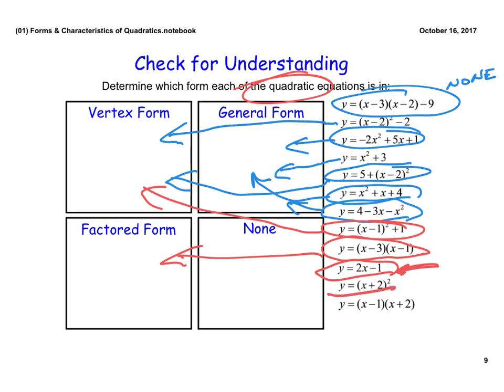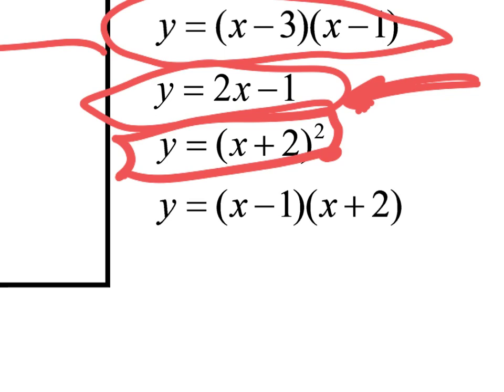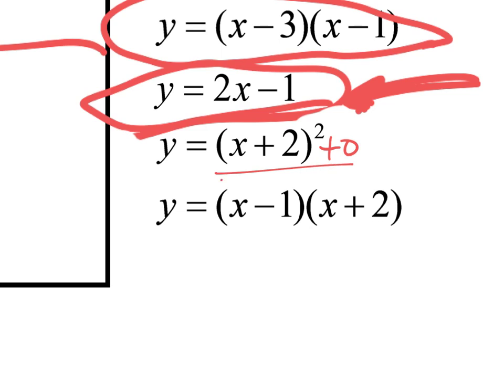Okay, this next one, that's vertex form. I know it doesn't seem like vertex form, but let me show you something. If I put a plus 0 right here, it might help you to see that that's in vertex form. It's just got one parenthesis, and then it's got a plus 0.